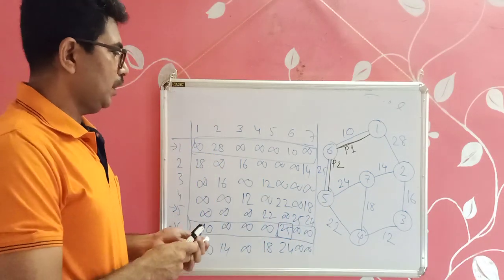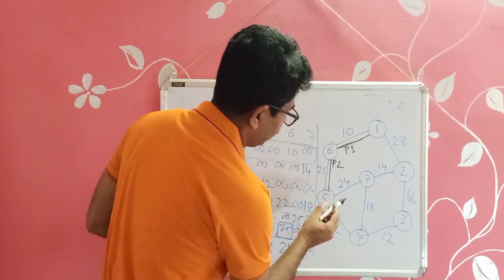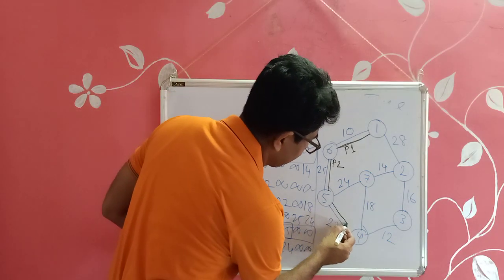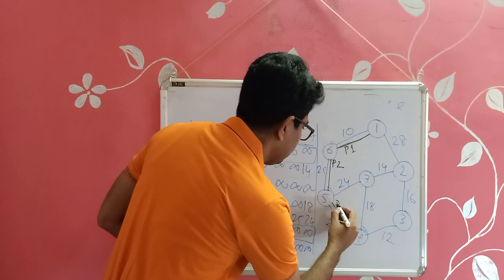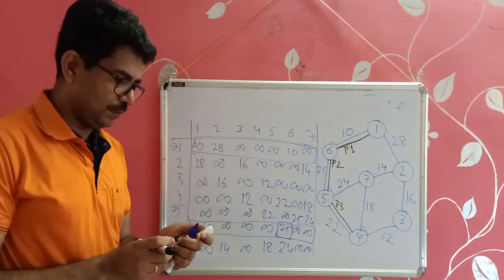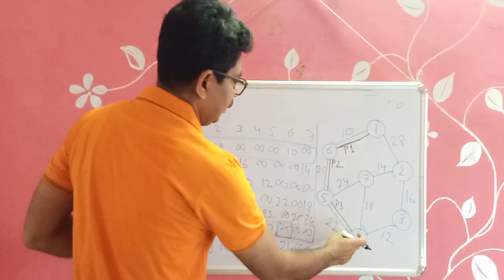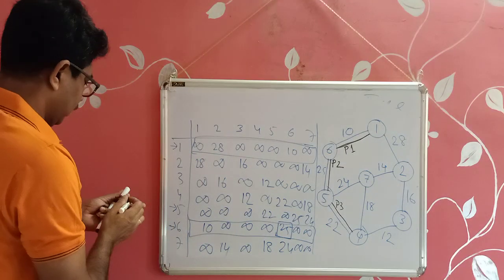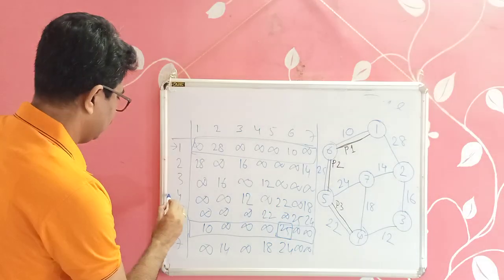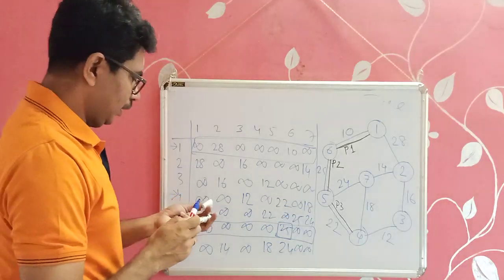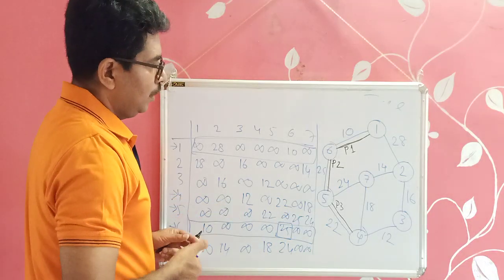So we can select that 22; this edge will be selected by the Prim's algorithm in the third step. Similarly, whenever we have selected this, 4 has been connected, so we can mark this 4 here and let us check the same.